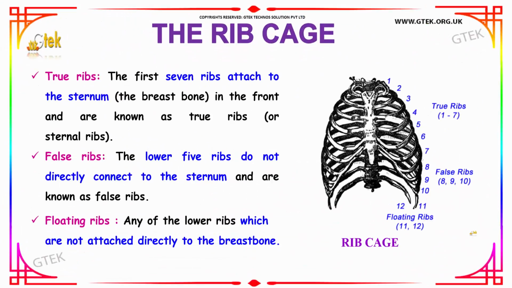If you see, the first 7 ribs are attached to the sternum. This portion is your sternum, and the first 7 ribs that are attached to the sternum are known as the true ribs. That is your breastbone. They are also known as sternal ribs.